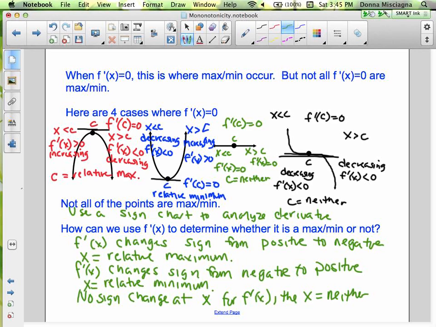It's not a relative maximum and it's not a relative minimum. So that's how we can use our sign chart to help us. All right, and we're going to look at several problems using a sign chart to figure out whether the derivative is a relative maximum or relative minimum at critical values. All right, let's continue on.